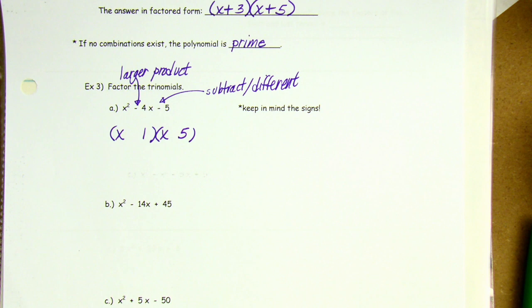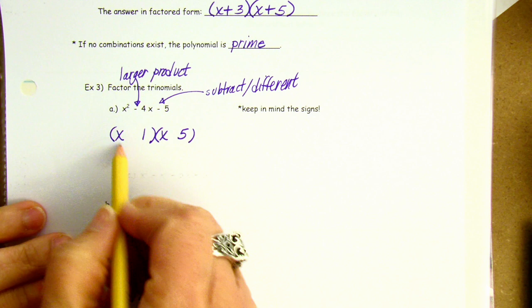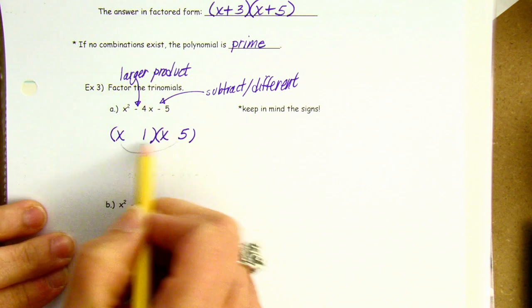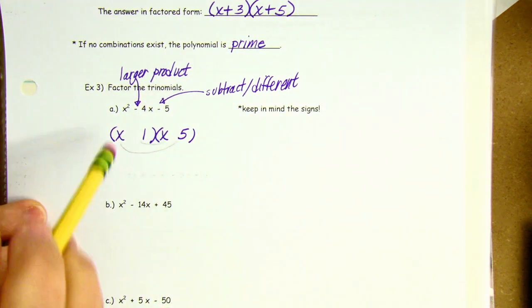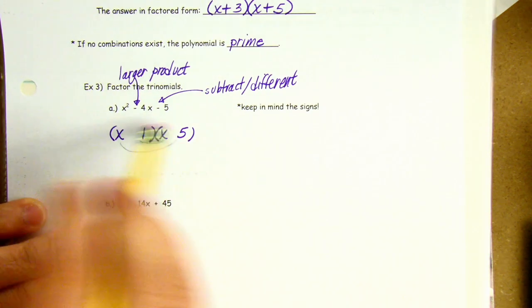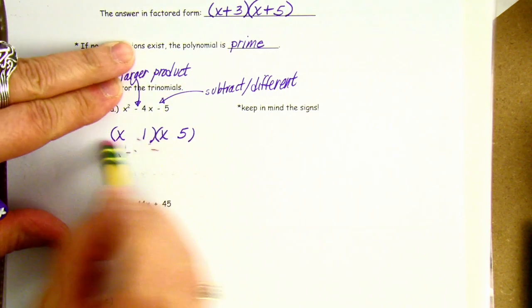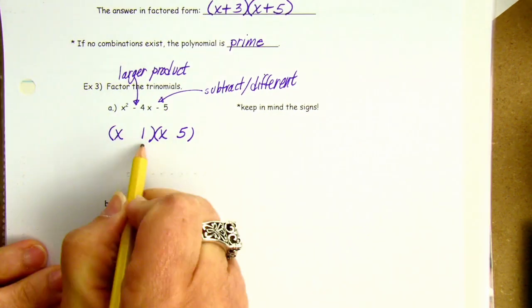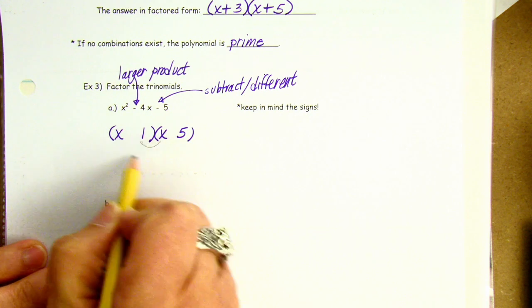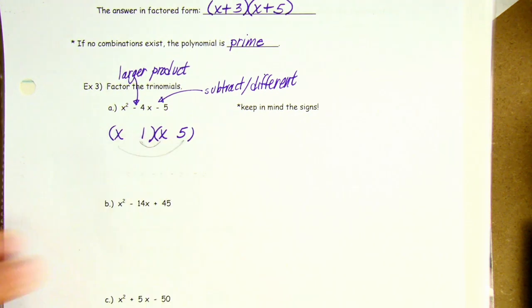Now, when I say product to get that larger sign, I'm talking about the product of the outers and the inners, okay? X and 5 are on the outmost, farthest left, farthest right. And the 1 and the X are on the inside. That's inners, outers. If I was foiling this, that's what I'm talking about, products.